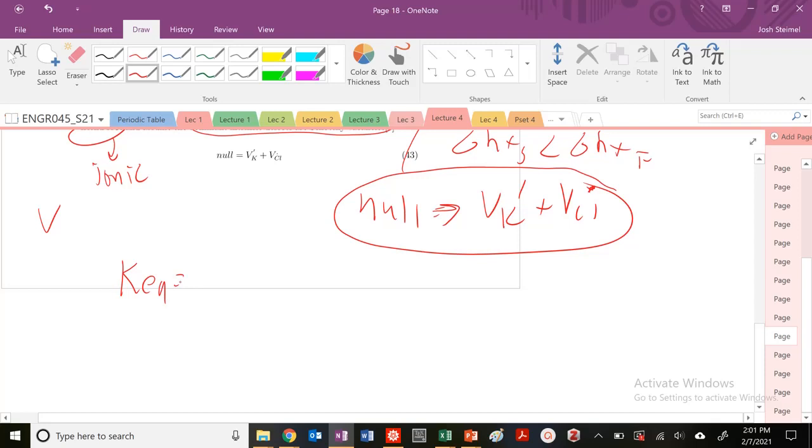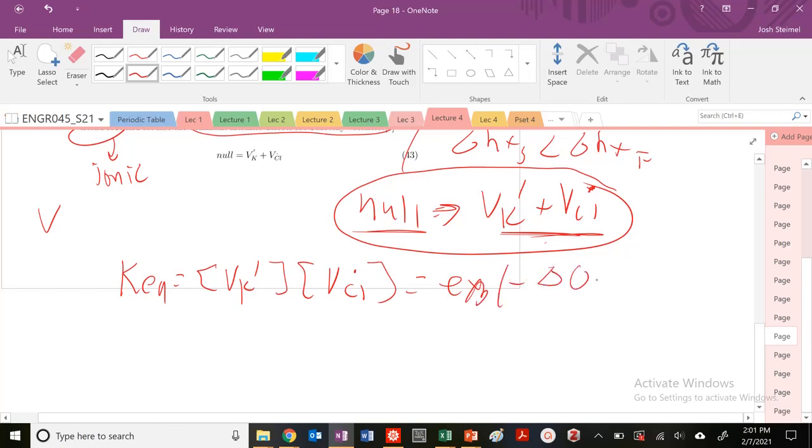It is going to be, again, concentration of products over concentration of reactants. Reactants, there are none, so concentration of VK times concentration of VCl, and that's going to equal exponential minus delta G, or actually delta G formation of Schottky defects over kT.